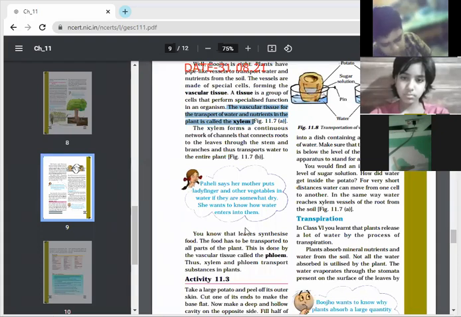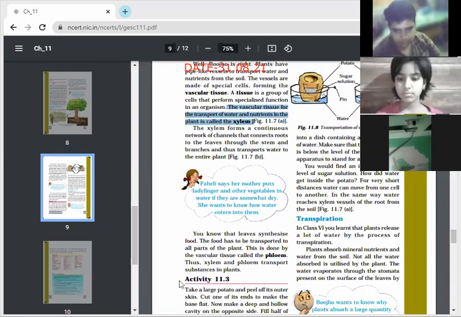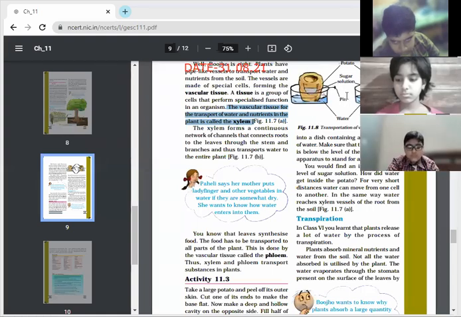Children, after studying this vascular tissue, let's do another interesting activity. Activity 11.3 is here. In this activity, we need to take 2 potatoes. Peel off the 2 potatoes and make a small cavity inside each potato. Make a hole.